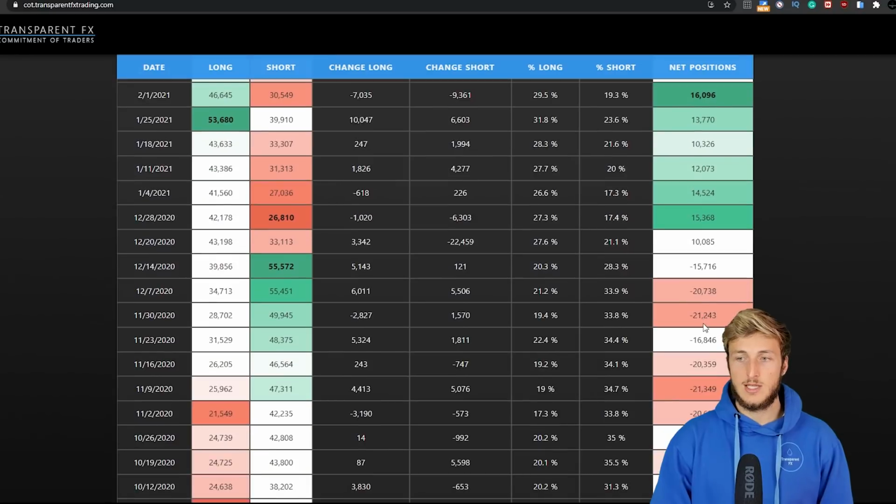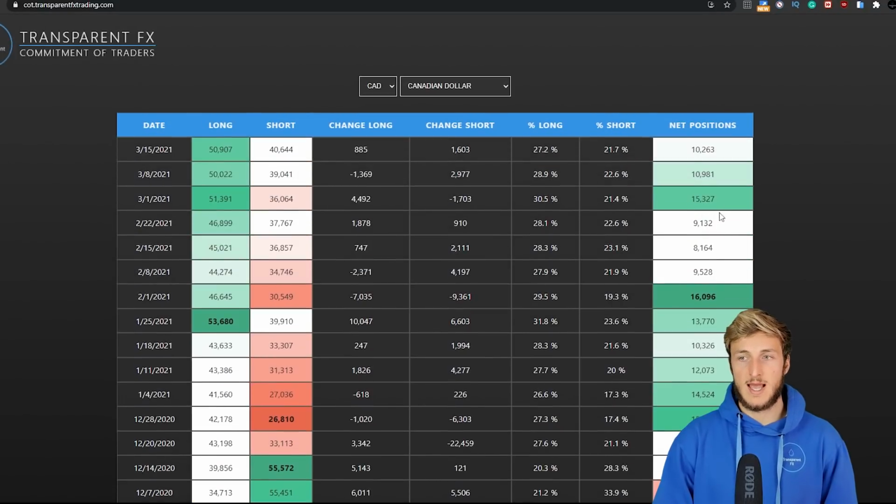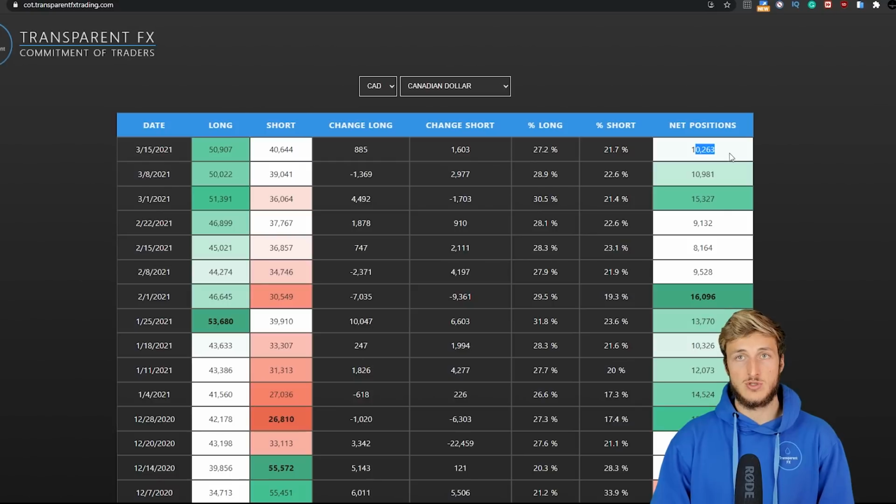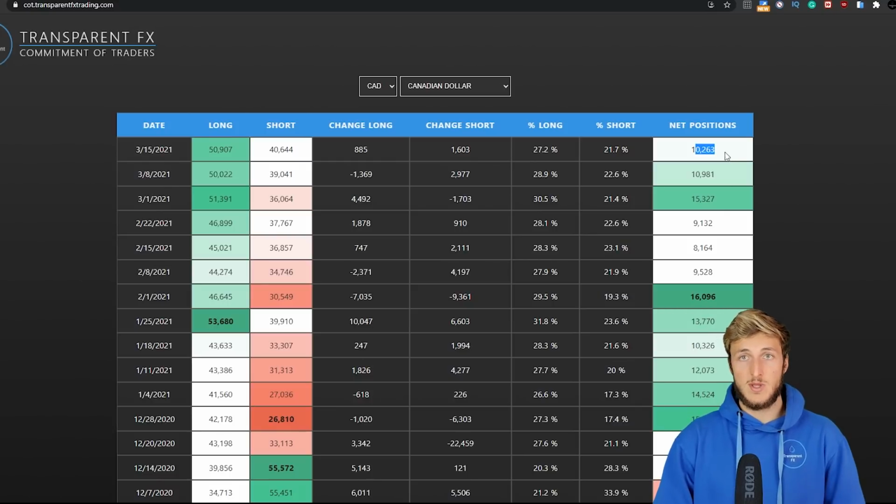However, if we look at the long term, we can see how we went from having minus 21.2k net positions, so way more shorts than longs from an institutional perspective on the CAD, to having 10k net positions, so more longs than shorts, meaning that we had a clear shift of the positioning, making the CAD in the long term quite strong.